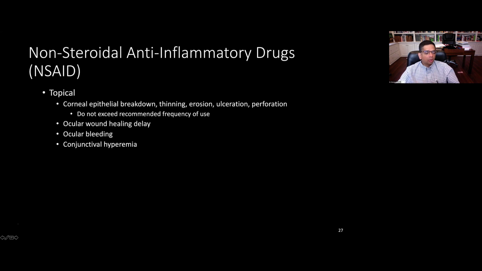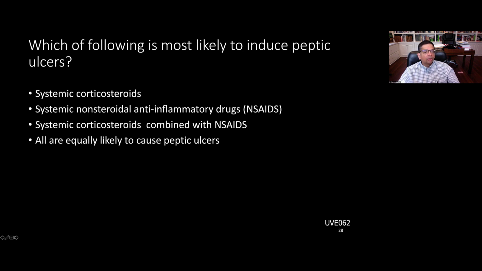So here's a question that I'm going to give you: which of the following is most likely to induce peptic ulcers? Systemic steroids, systemic non-steroidal anti-inflammatories, systemic corticosteroids combined with NSAIDs, or all are equally likely. We just talked about this literally 2 seconds ago. So yeah, you got it.